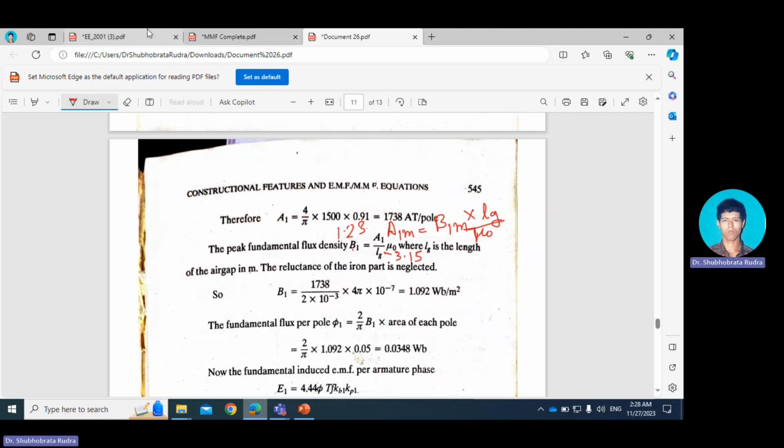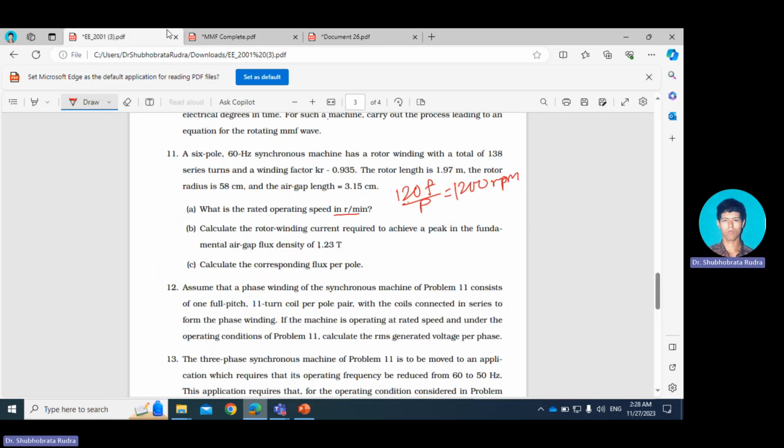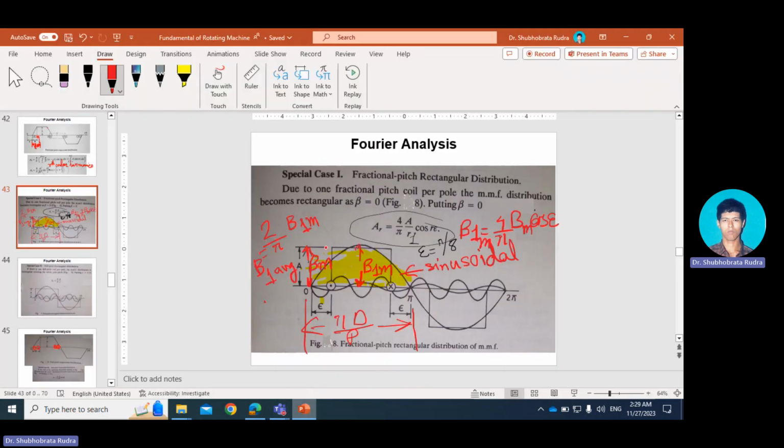Now, we need to understand that no information is given about what type of waveform will be produced by this one. So why is this waveform very important? See, if you have a square waveform for MMF, you get this.